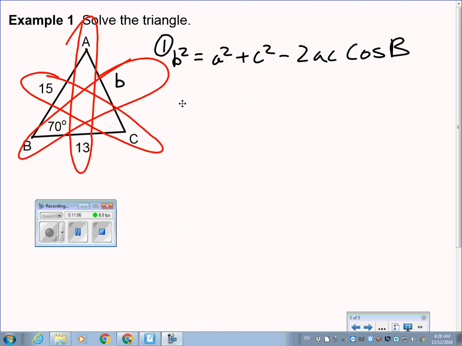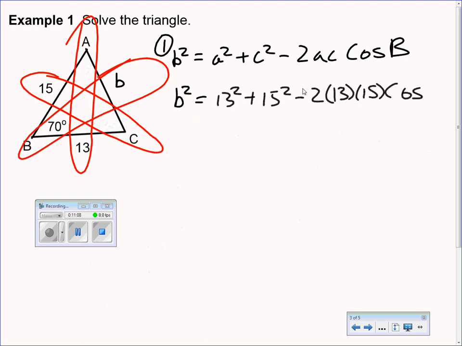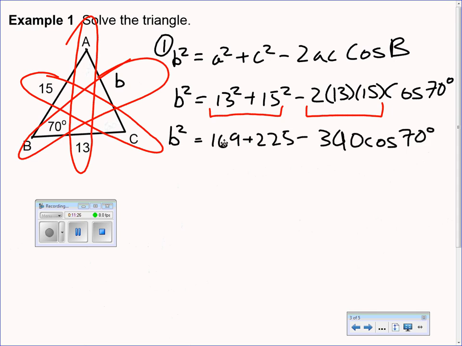Now, subbing directly in, we're going to get B squared is equal to 12 squared plus 15 squared minus 2 times 12 times 15 cosine of 70. And now what we're going to do is expand this and pull that information together, and leave it in front of the cosine of 70. So we get B squared equals 169 plus 255 minus 390 cosine of 70.